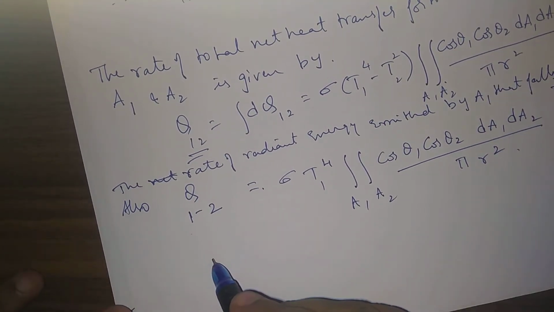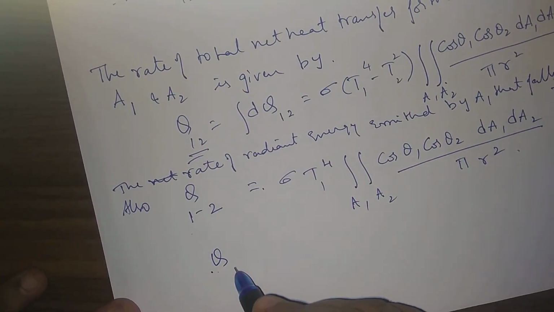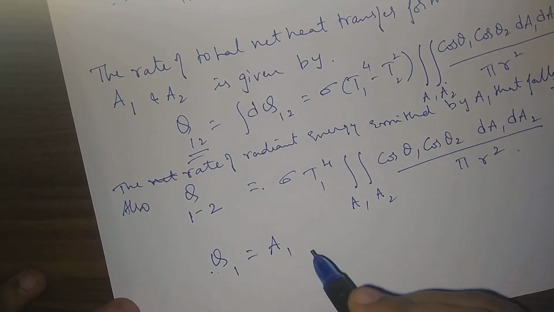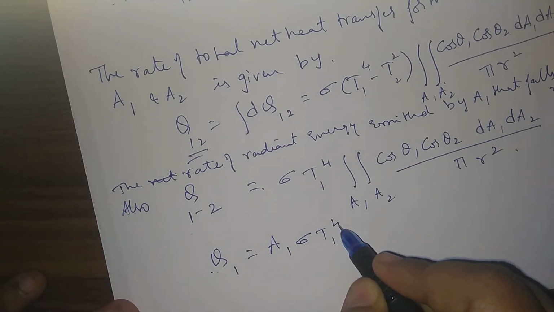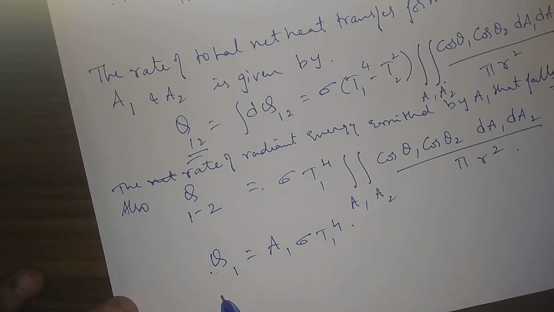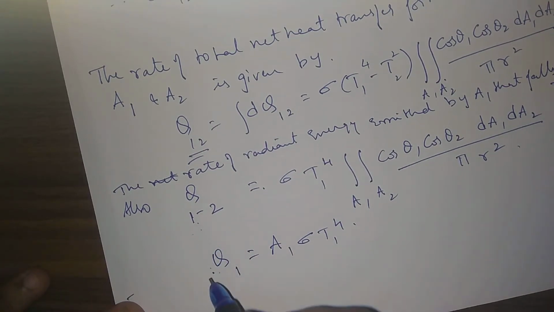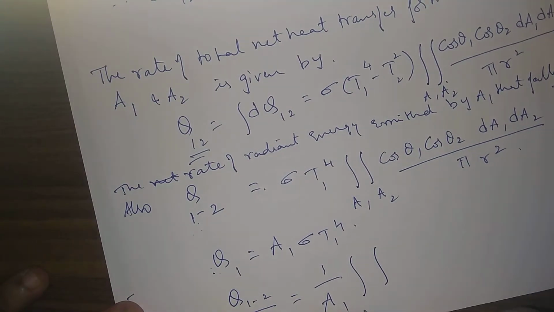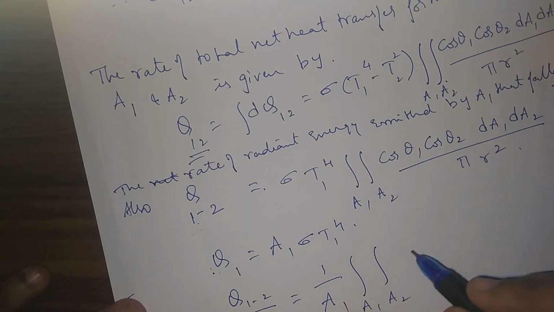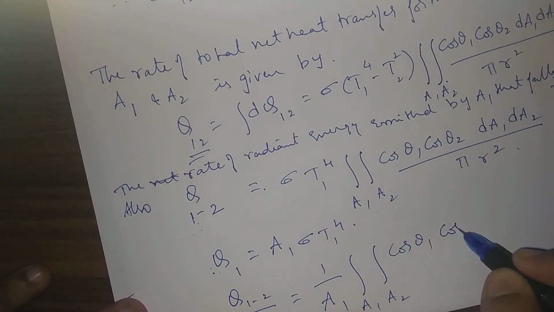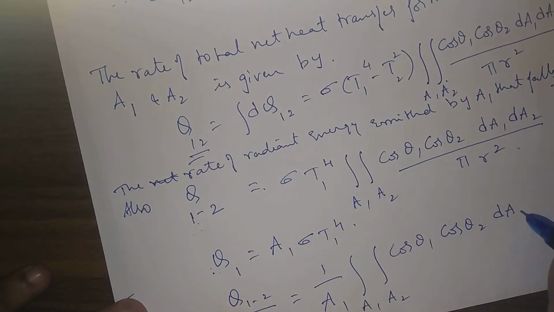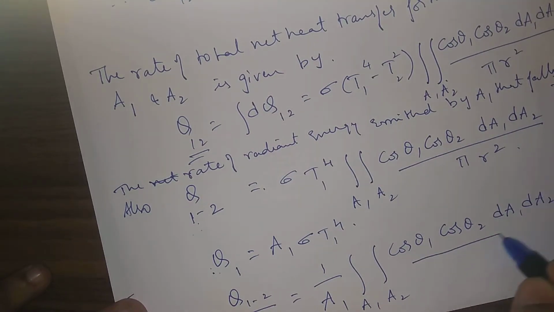Now we also know what Q1 is, by Stefan's law: A1 sigma T1 to the power of 4. If we divide Q12 by Q1, it will be 1 by A1 times the double integral between A1 and A2 of cos theta 1, cos theta 2, dA1, dA2 divided by pi r square.